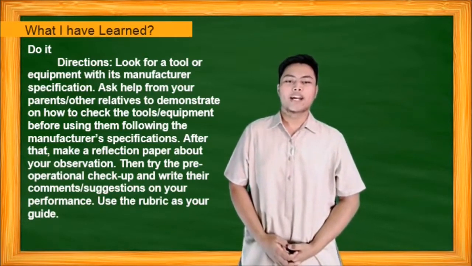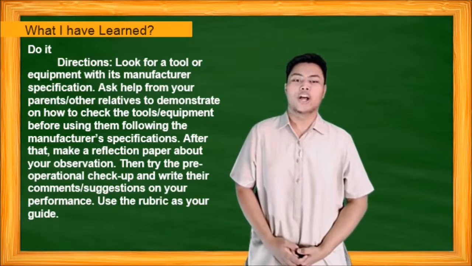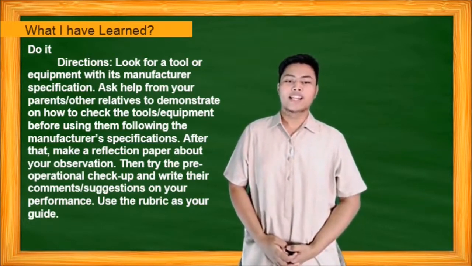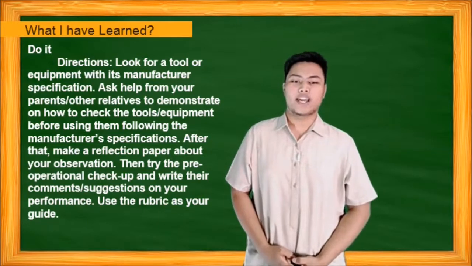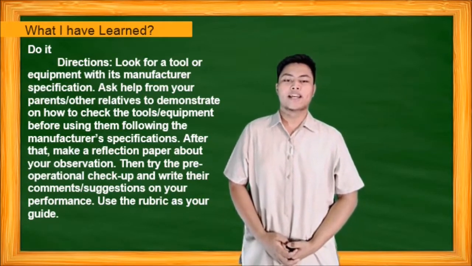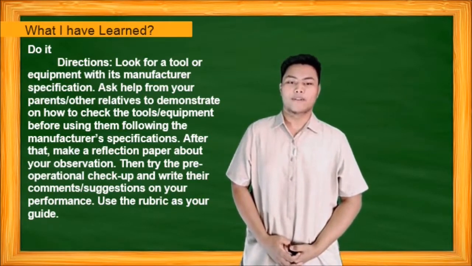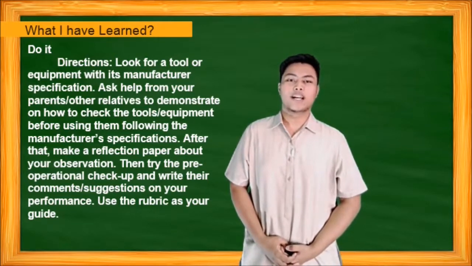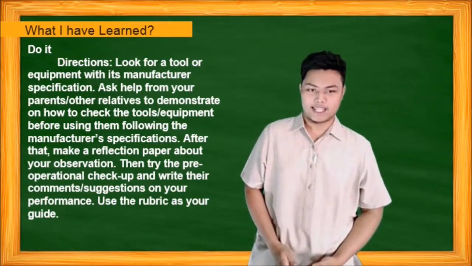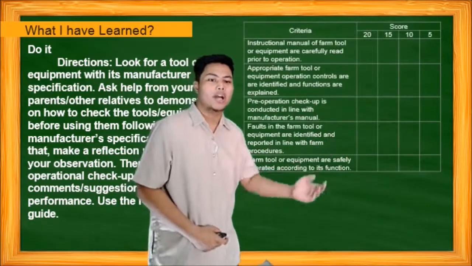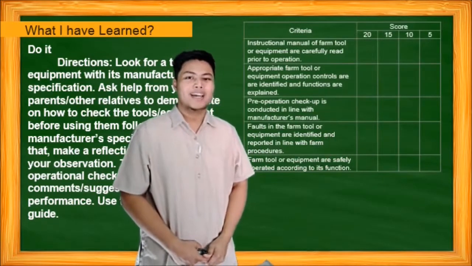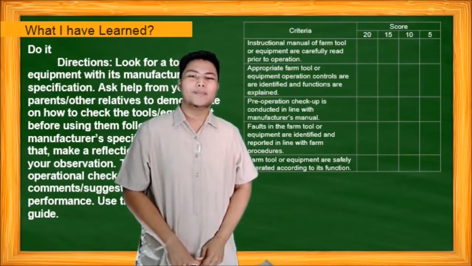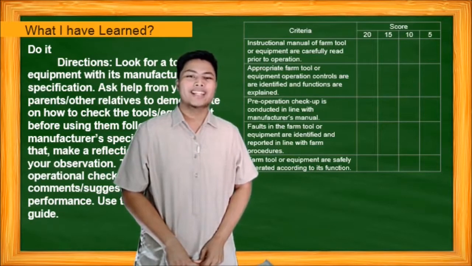After that, make a reflection paper about your observation. Then, try the pre-operational checkup and have them write their comments or suggestions on your performance. You need to use the rubric as your guide. So here is our rubric. So you have 10 minutes to perform this activity and good luck.